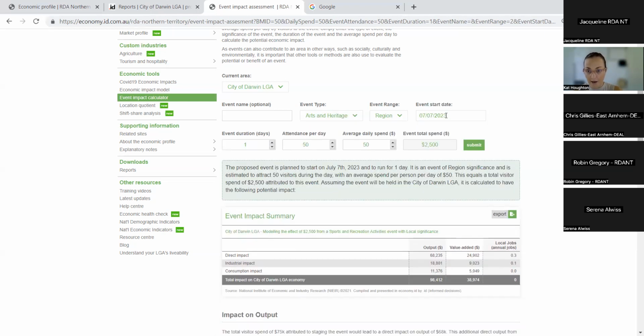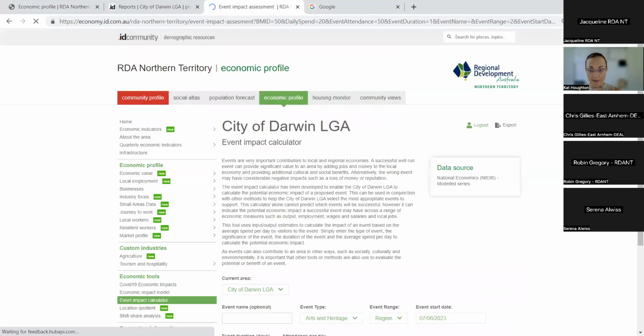We said art and heritage, and we just picked a date, attendance per day, additional 50 people, and we thought of those 50 people, they might spend an extra $20 in the community. We submit that through the model.